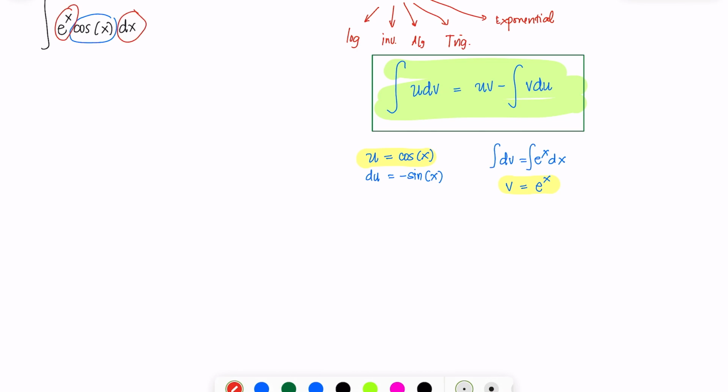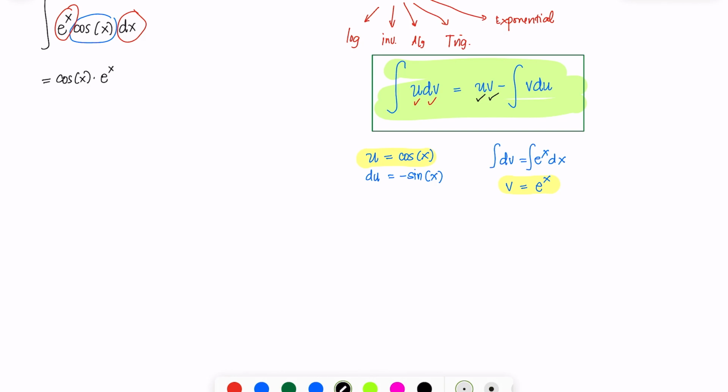And this tells me that u dv should be just equal to u times v, which I know already, minus the integral of v du. So the integral above will be re-expressed like this. u is just the cosine of x. Multiply that by v, and our v is just e^x.